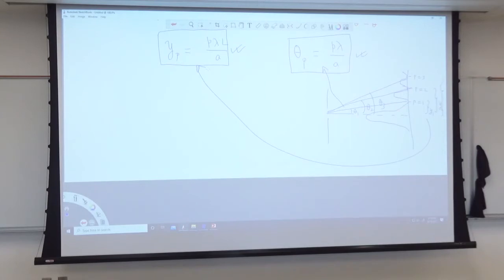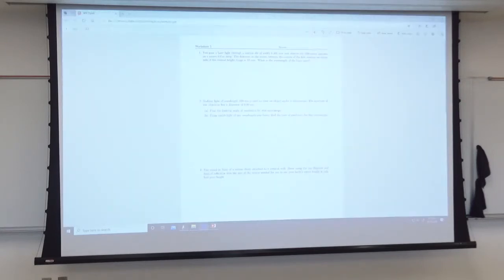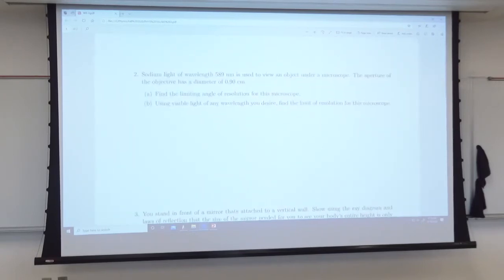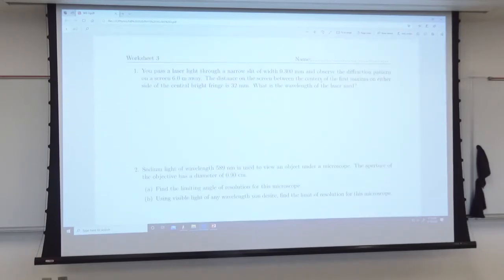So let's look at a problem from the worksheet. So here is the problem. You pass a laser light through a narrow slit of width 0.3 millimeter. Let's see if I can put that in.